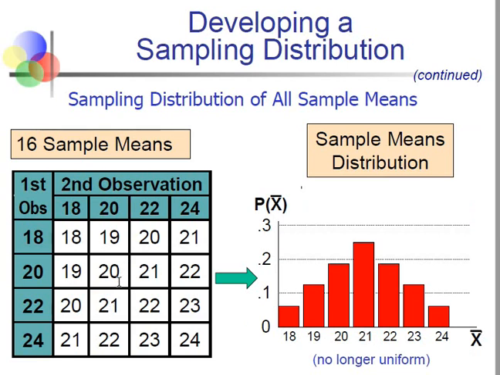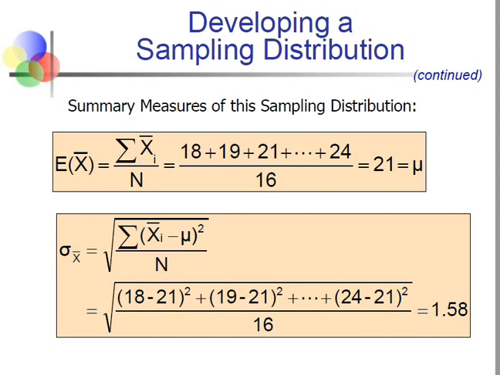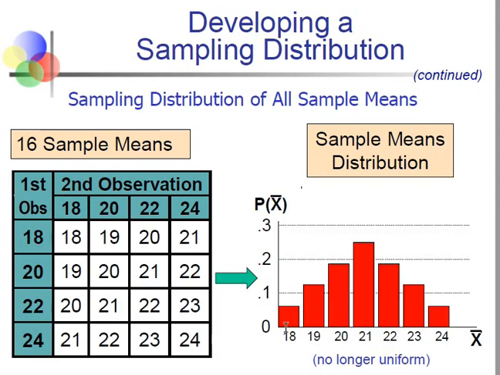We can find the mean of these sample means, but maybe before we go to that, we want to see the distribution of the sample means. What do we notice? How many have 18? Just 1, so the probability is 1 over 16, which is below 0.1.